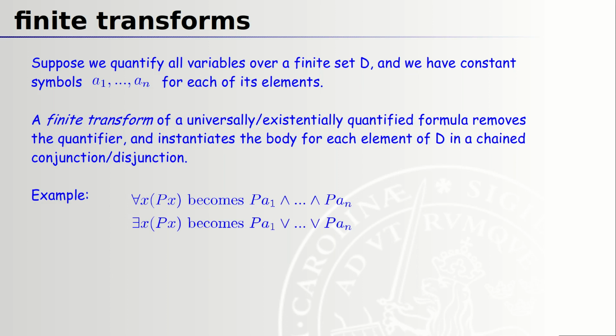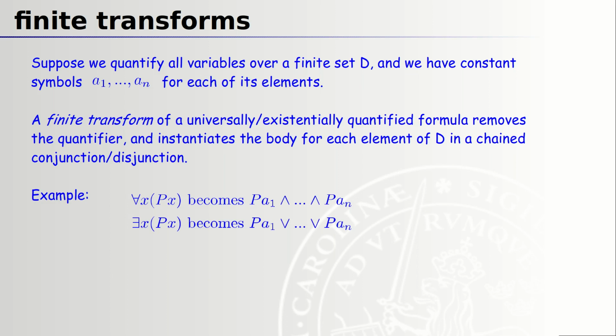When the set that variables are quantified over is finite, one can replace a universal quantifier with a chain of conjunctions and an existential quantifier with a chain of disjunctions, effectively transforming a quantificational formula into a propositional one.